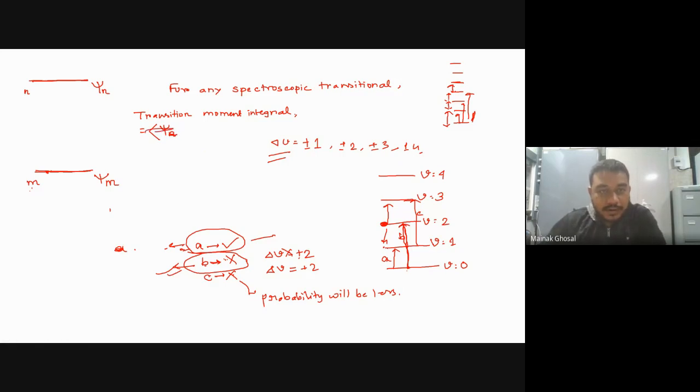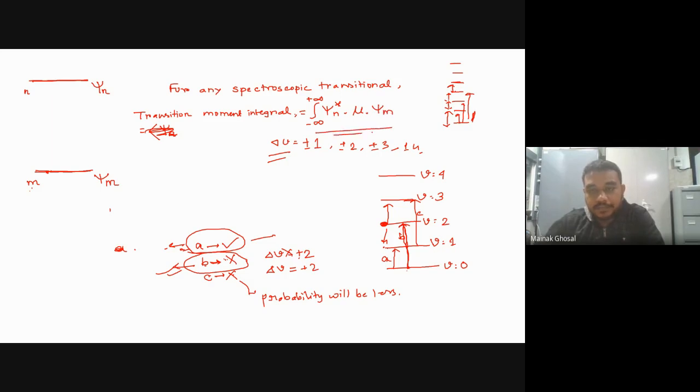So I cannot rewrite that. Give this integration, all of you know: psi n star mu psi m.